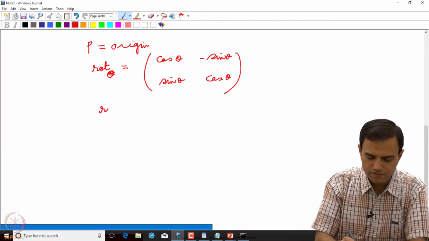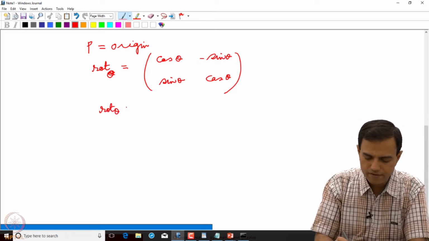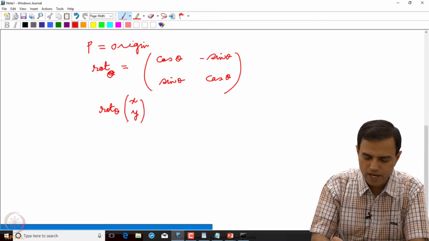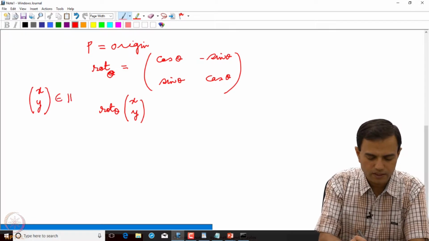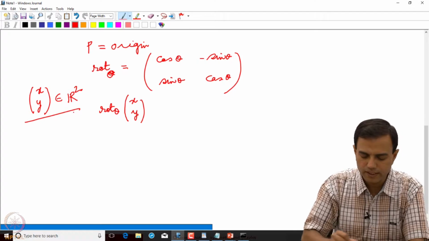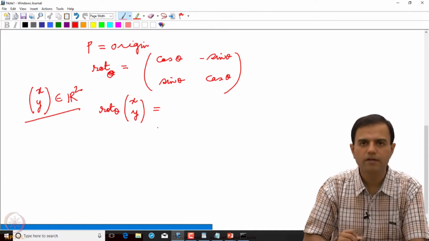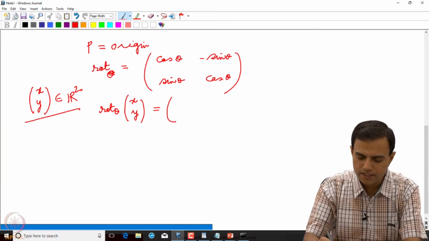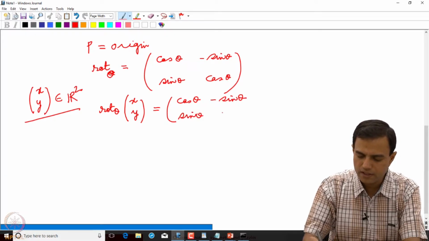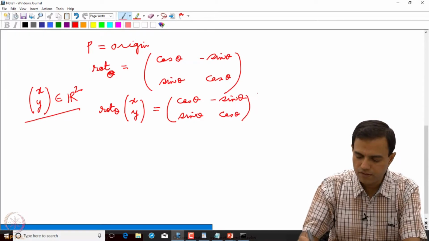The meaning is, if I have a point xy, which I am writing as a column, a point in R2, then if we rotate this point about origin by an angle theta, the answer is simply the matrix multiplication of this matrix with the column matrix xy.